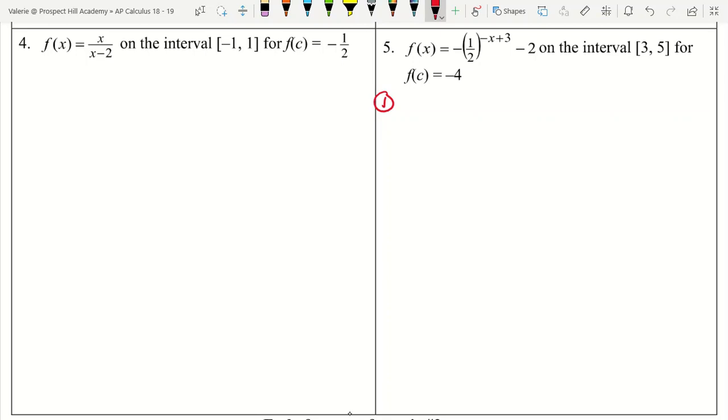So f of x is continuous on the interval 3, 5 because it is exponential.